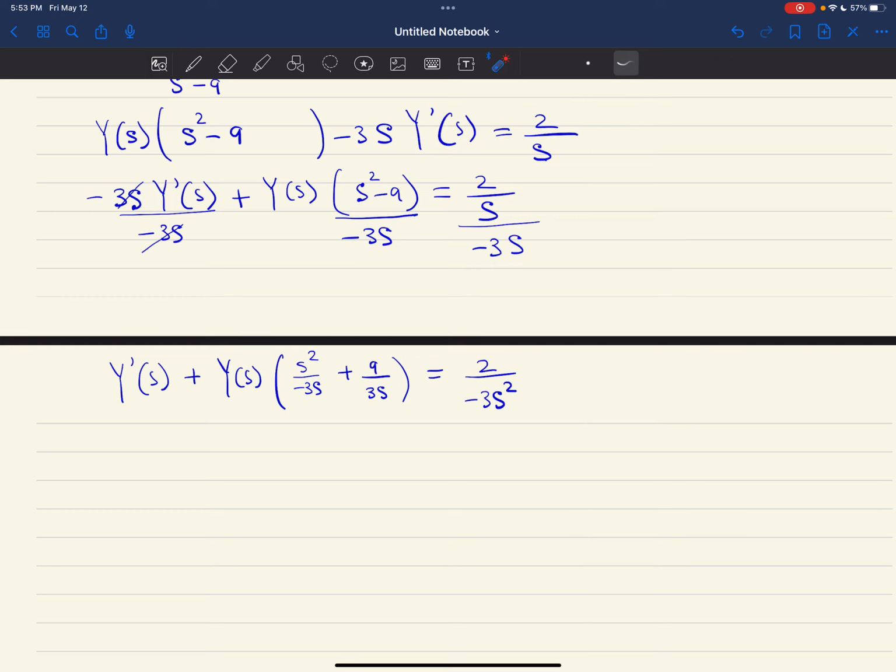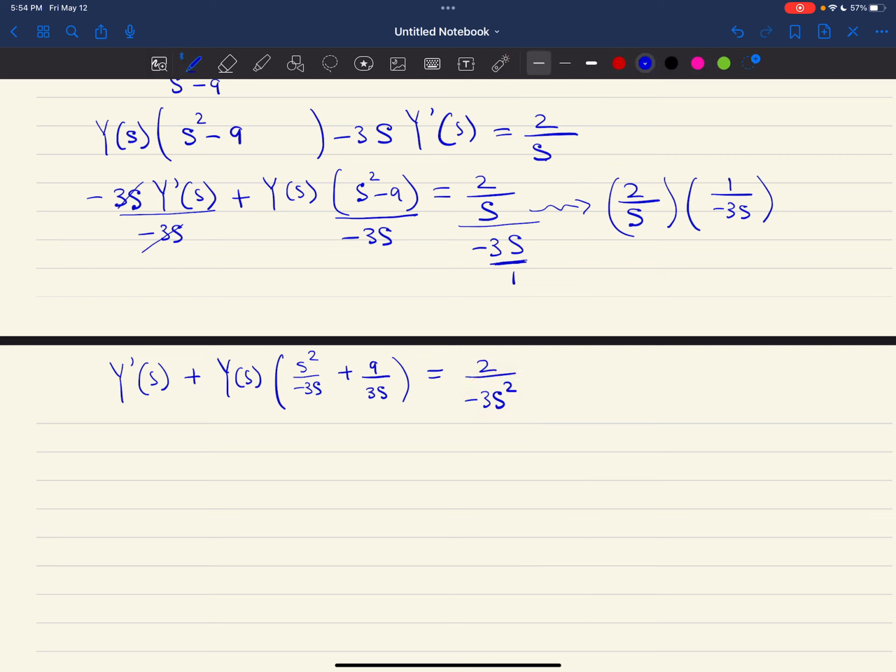If you recall, this portion has a denominator of 1, so you could flip it upside down and get 1 over negative 3s. If you multiply these two denominators, you would end up with this. Okay.